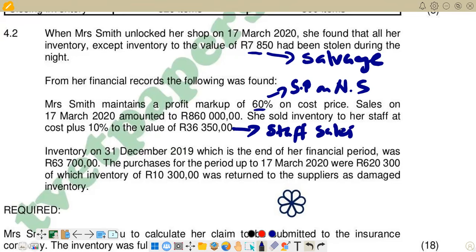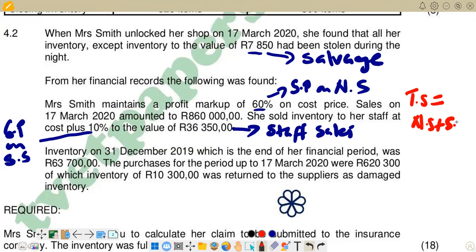This one represents staff sales, and this 10% now is the markup on staff sales. So it's representing gross profit on staff sales. So this is the representation. What it means is inside the total sales that we have, in other words, we are saying total sales is equal to normal sales plus staff sales.